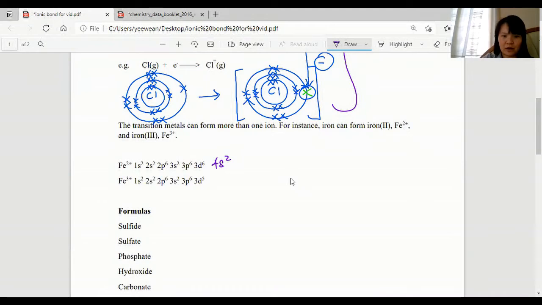So 4s2, the 2 electrons were taken out first. And once it's taken out for Fe3+, we take out one more from the 3d. So these are its electronic configuration. And therefore, it can form FeCl2 and FeCl3. Let's look at formulas.